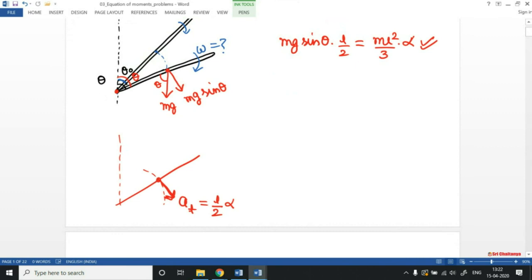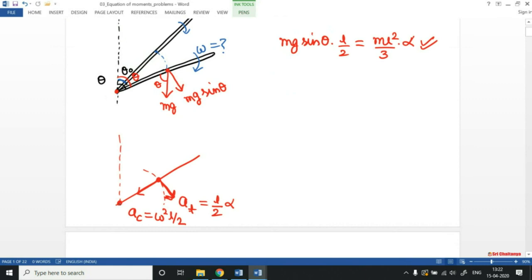Its centripetal component would be AC, which is nothing but omega square L by 2. Since we know the acceleration of the center of mass, using the F is equal to ma equation, we will be able to find out this hinge force over here.